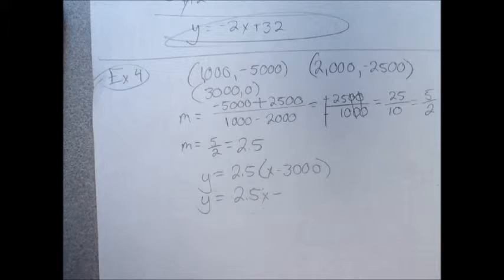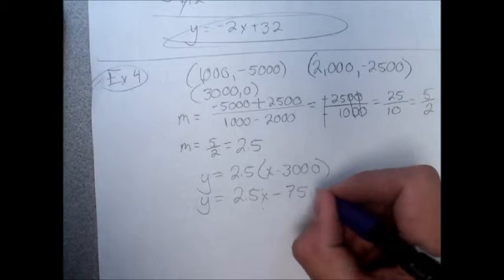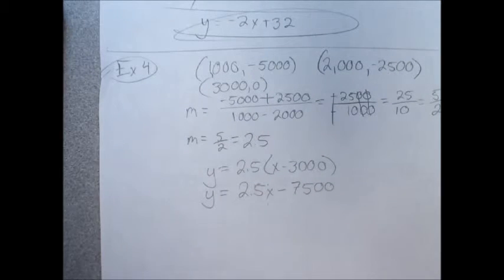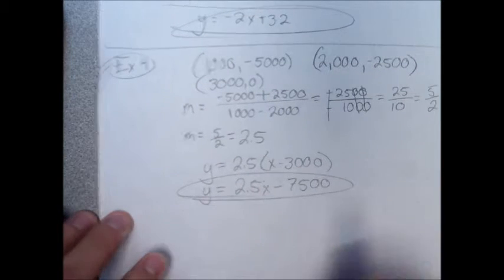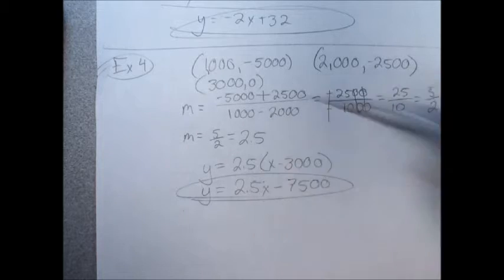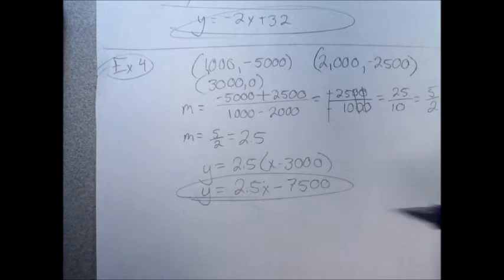I do not know what that is. 7,500, is that right? I think it is. Yeah, 7,500. So that is the equation of that line. Find slope, plug it in to a point, and choose the easiest point. Always try to make your life easy if you can. Okay, any questions there? Didn't figure you would.